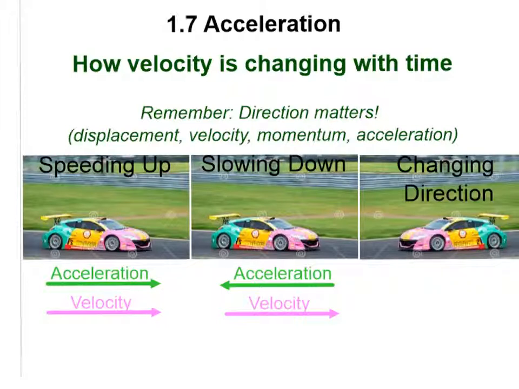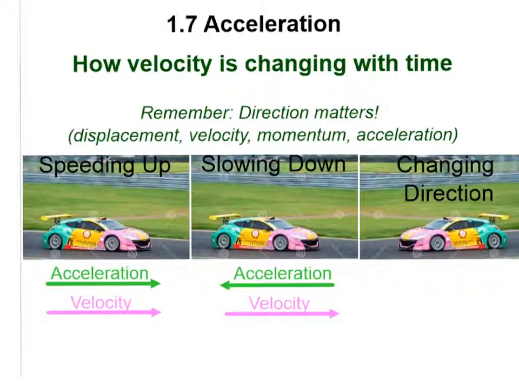If we take a look at the idea of speeding up, where our velocity is not constant but is changing and speeding up, we can look at that as our velocity going in this direction, acceleration going in this direction. We could also have our car slowing down.